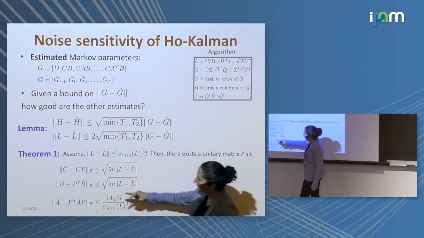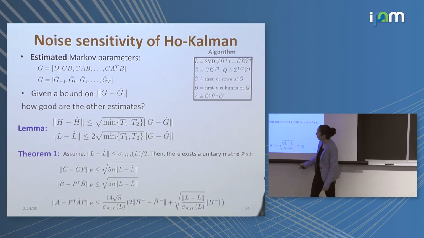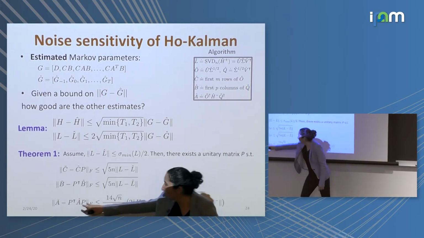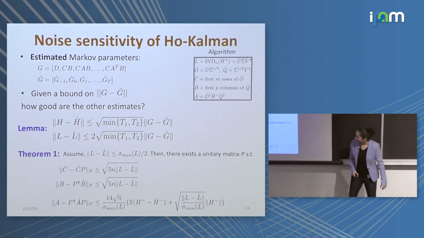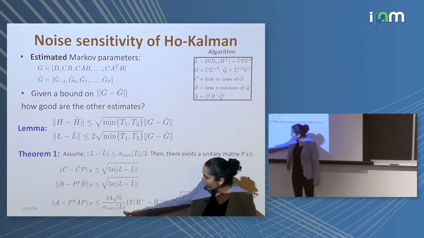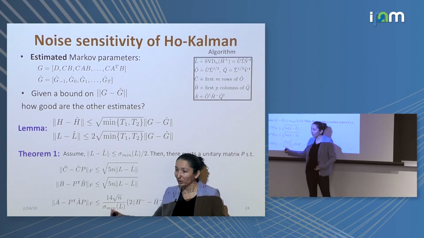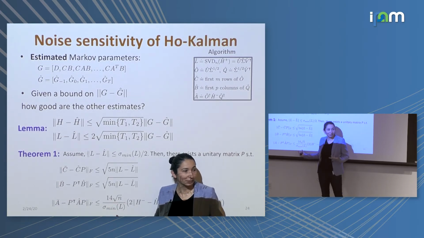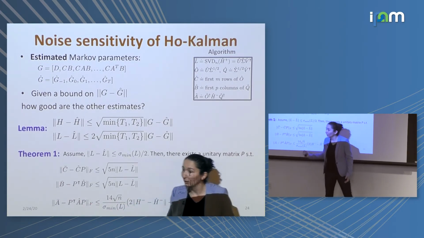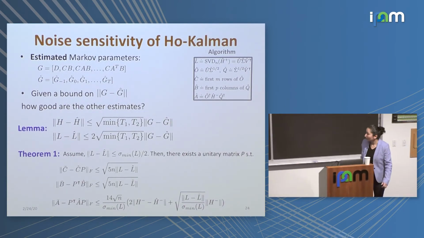Then the C, B, and A that we compute satisfies this, where P is a unitary matrix. And again, if my system is less identifiable, this number will be small. My errors will be large. If my system is identifiable, this will be a small error that we get.